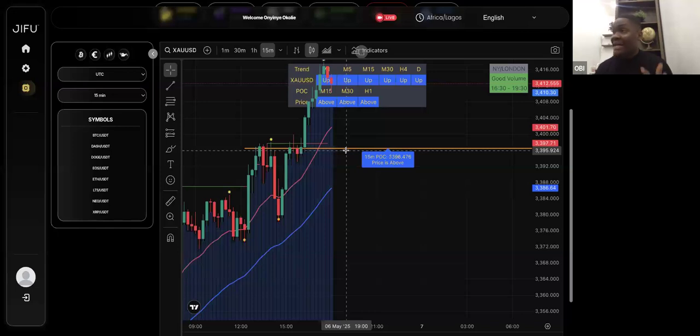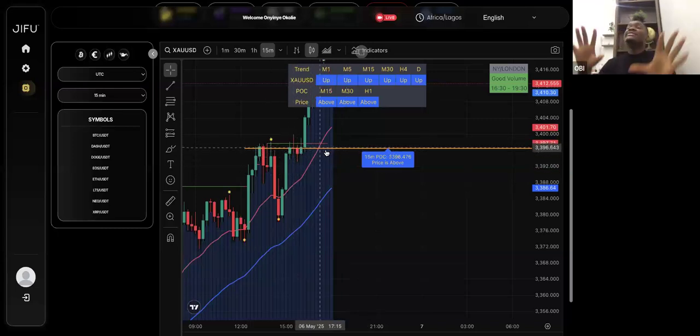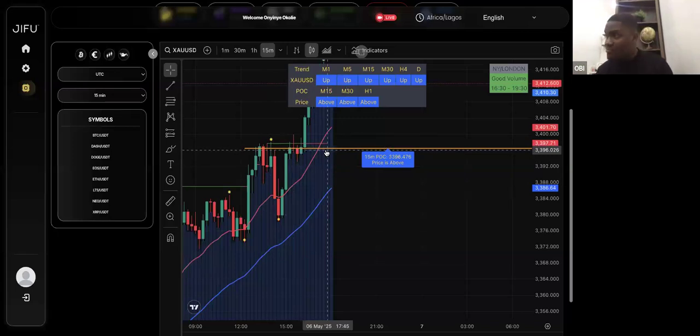Buyers and sellers are fighting. They are yet to make a decision. When you see the market in this yellow orange line area, avoid the market.